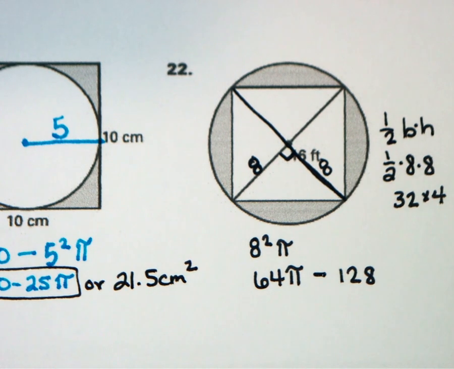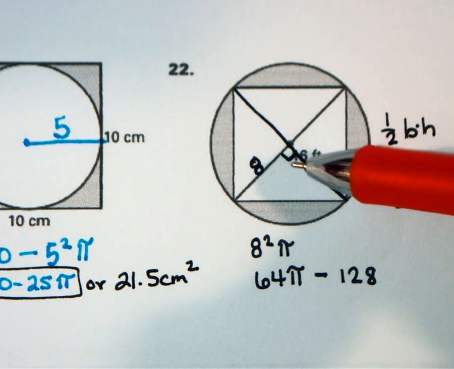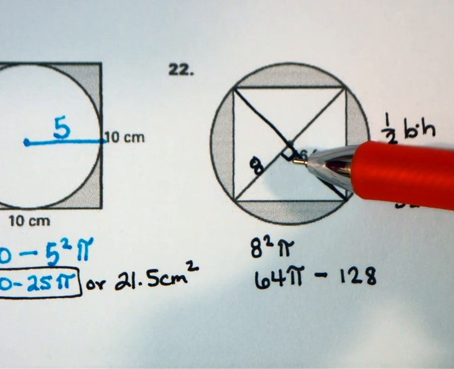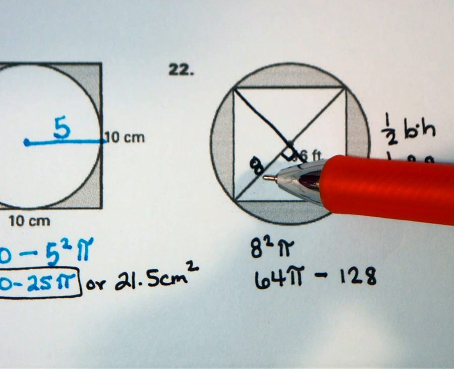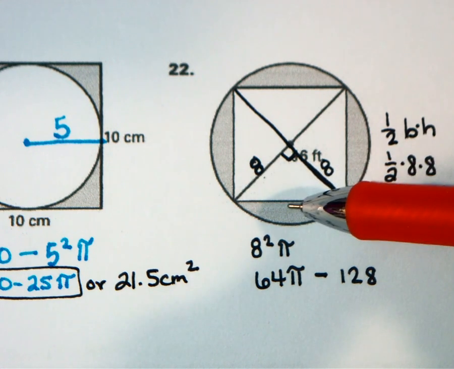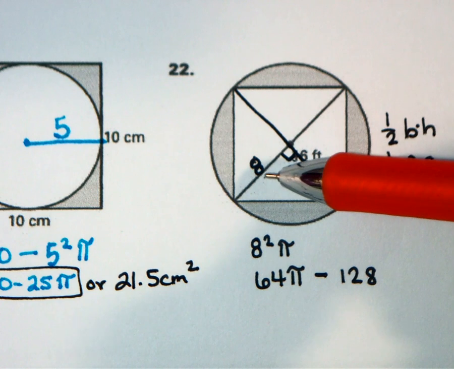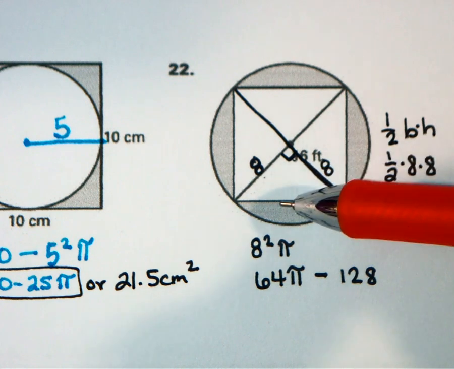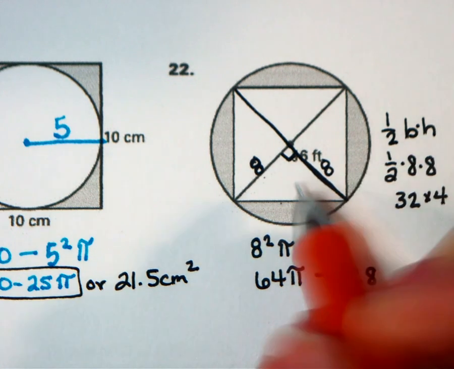Okay, and I know you have some questions right now, but just hang with me. Another way to do that is, hopefully some of you are looking at this and you're seeing you have a right triangle that is an 8, 8, and what would this be for that right triangle? Do you remember? 8, 8, and 8 radical 2.